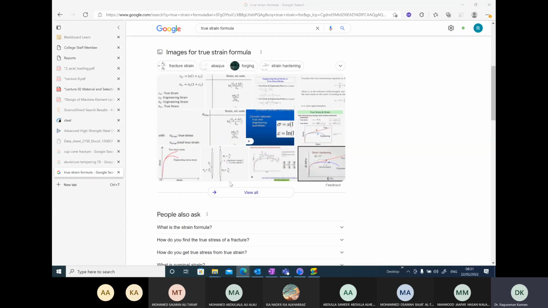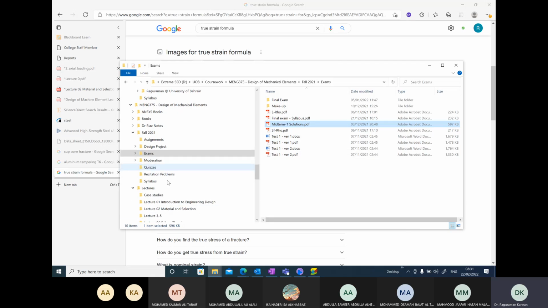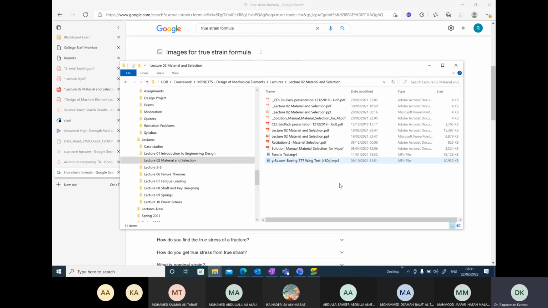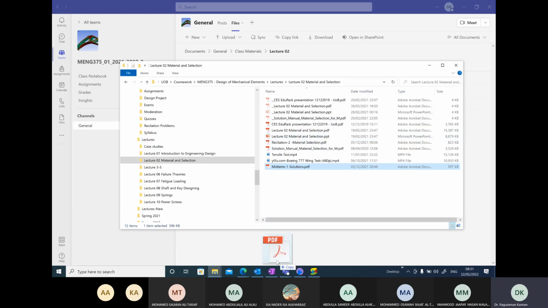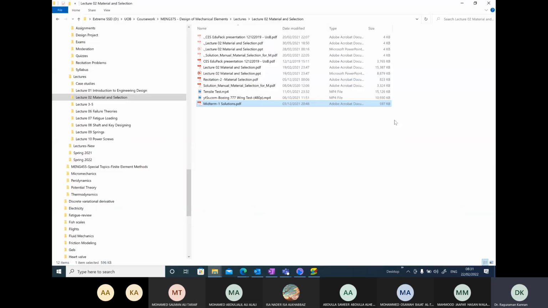So let's go back to midterm solutions. I'm going to paste it right here, and let's put it in your system here. The midterm will also give you an idea of what kind of questions can be asked in this particular course. We can go through that.